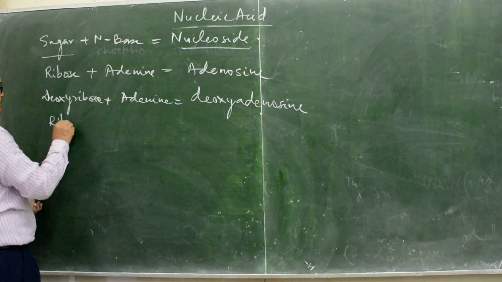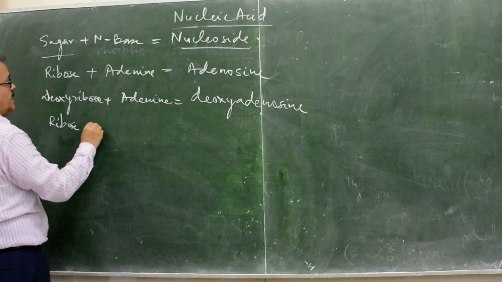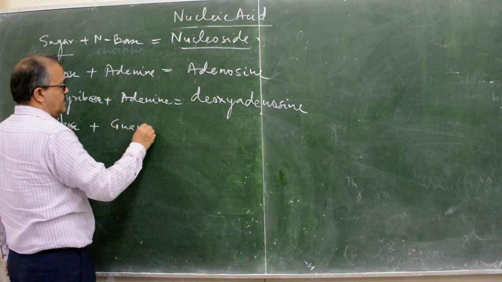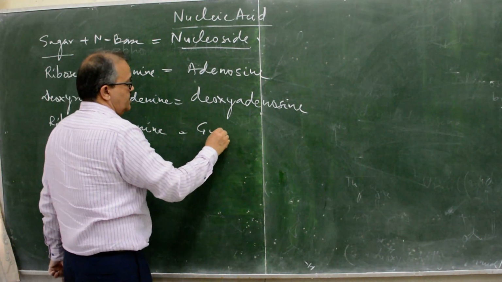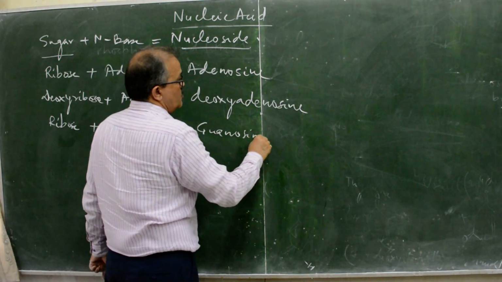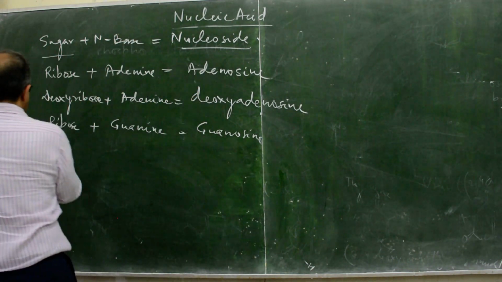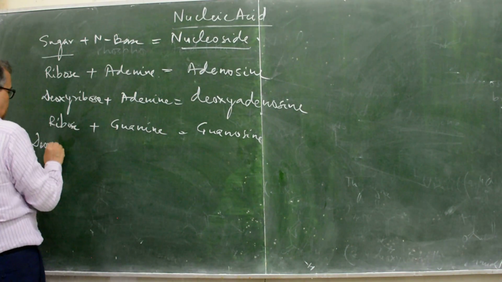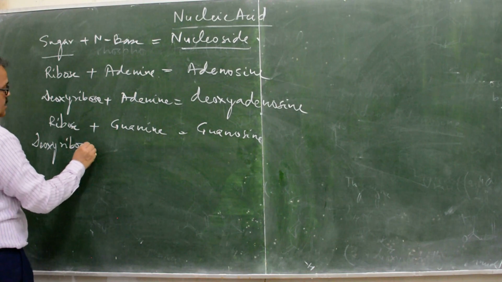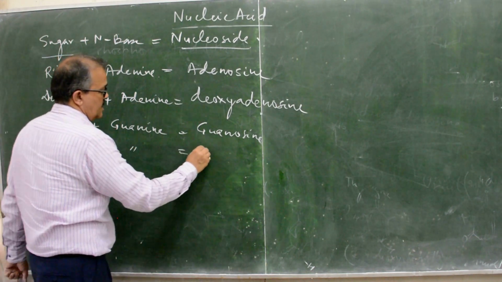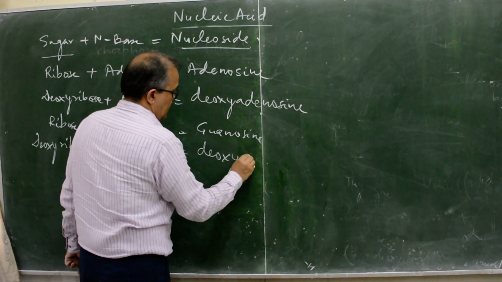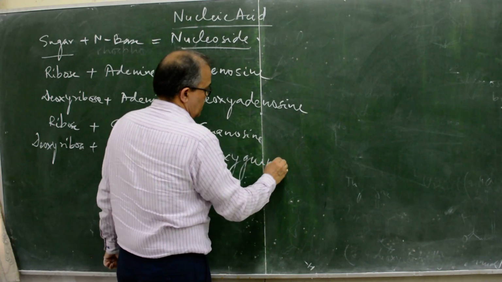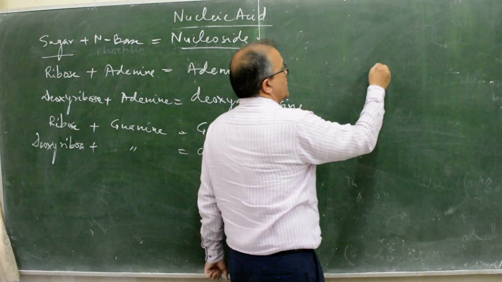Ribose sugar plus guanine gives guanosine, and deoxyribose plus guanine gives deoxyguanosine.